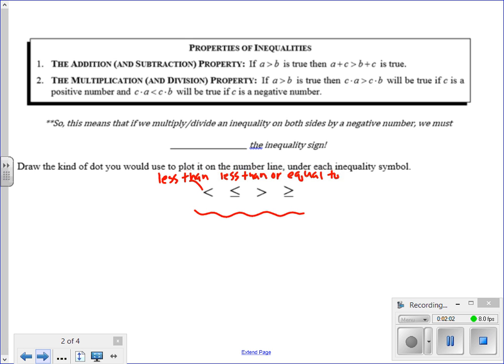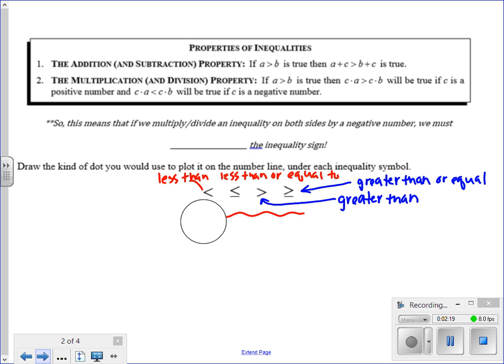The next one is called greater than. And the last one is greater than or equal to.